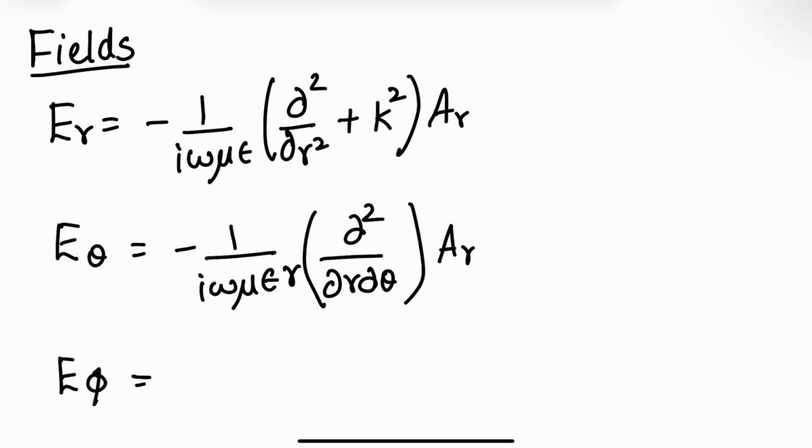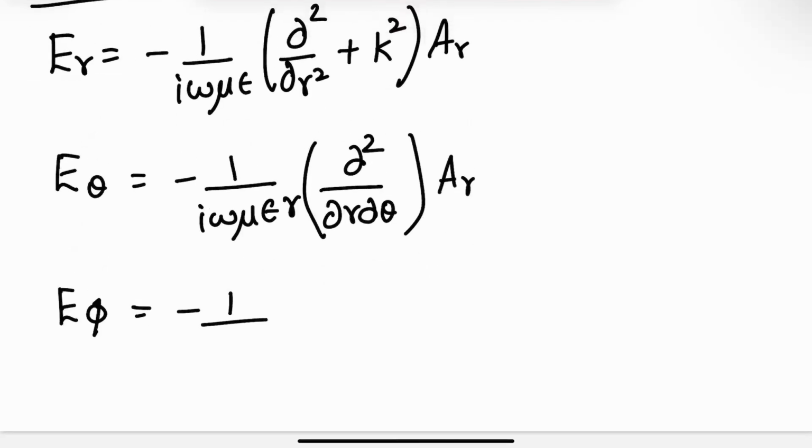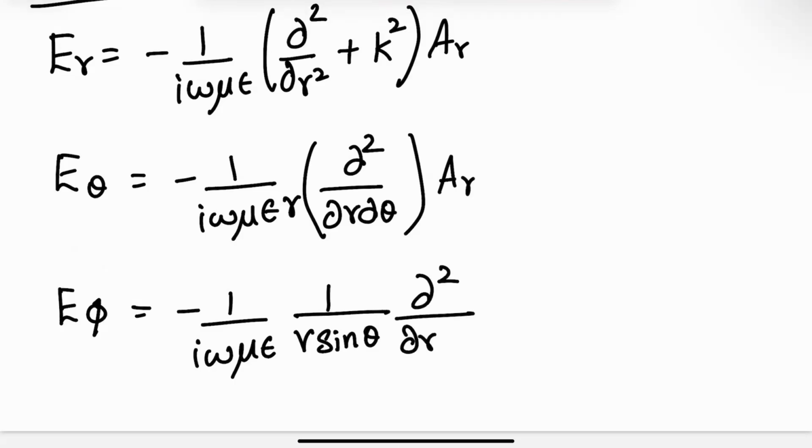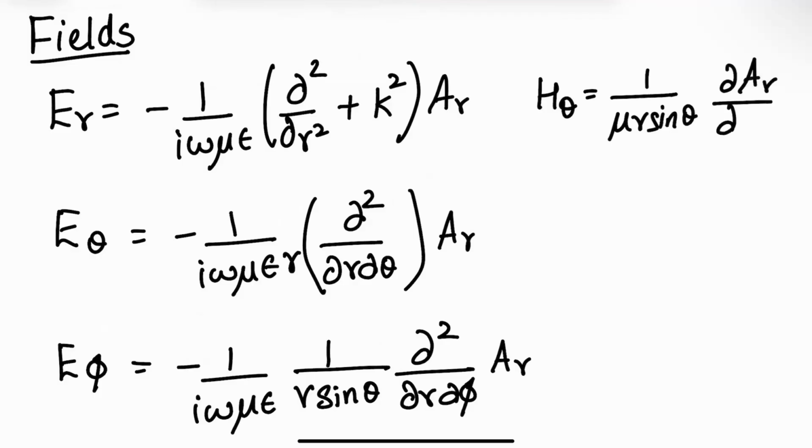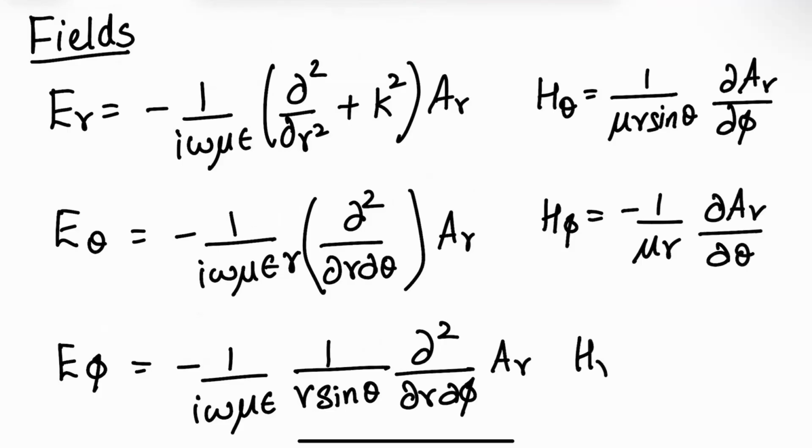E phi is minus 1 over i omega mu epsilon, 1 over r sine theta, d squared over dr d phi A_r, and H theta becomes 1 over mu r sine theta dA_r over d phi. H phi becomes minus 1 over mu r dA_r over d theta. H_r is equal to 0.